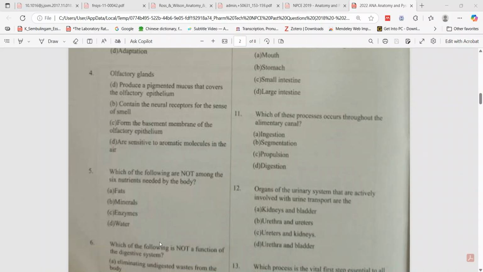Do you know the difference between endocrine and exocrine glands? Endocrine glands produce and secrete hormones directly into the bloodstream. Yes. Okay, so is olfactory gland endocrine or exocrine?